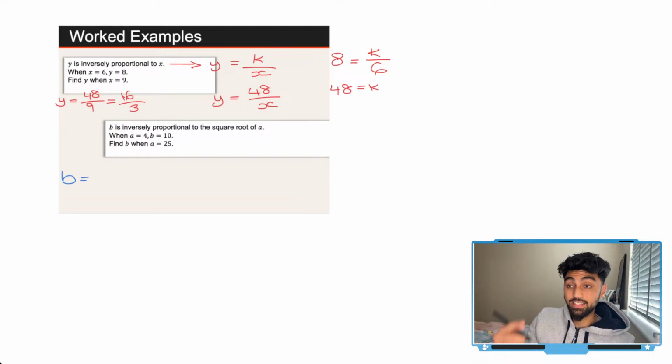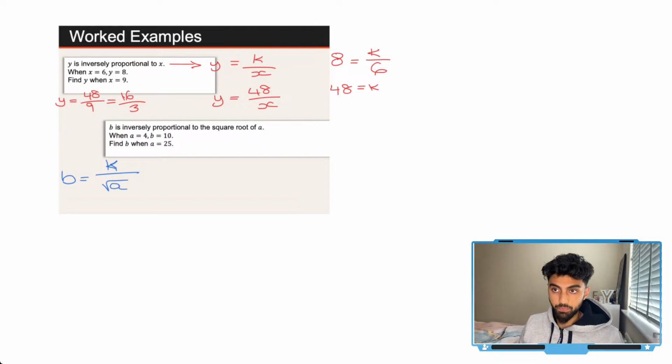That means we have a fraction with k as our numerator and the square root of a, a with a square root symbol over it, as the denominator. This is what I mean when I say you always have to translate the statement given in the question mathematically so that you have some sort of representation in an equation. So this is the equation that we have.